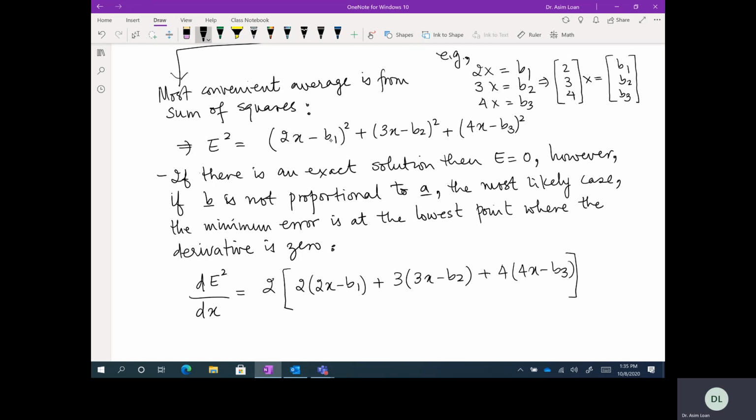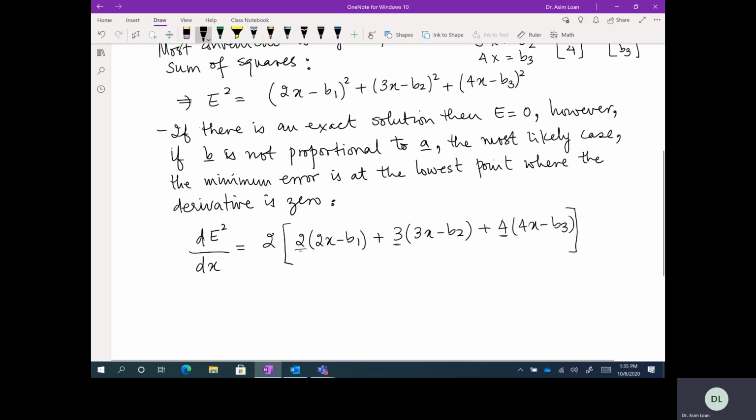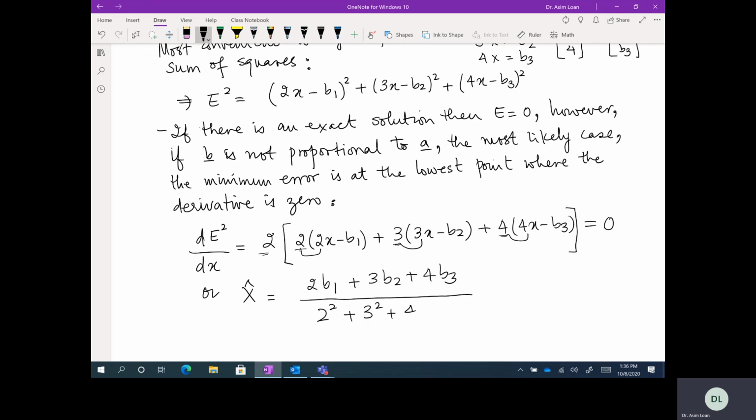This is equal to 0, so x hat equals, taking out the common 2, (2b1 plus 3b2 plus 4b3) divided by (2 squared plus 3 squared plus 4 squared).